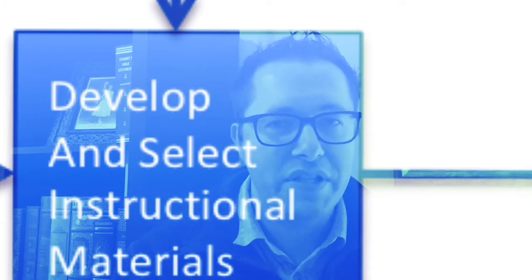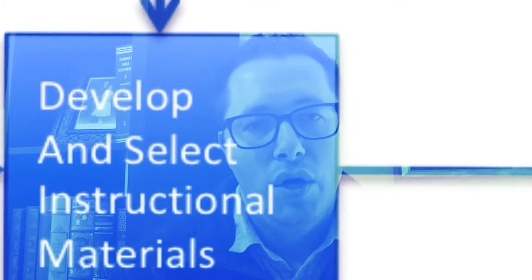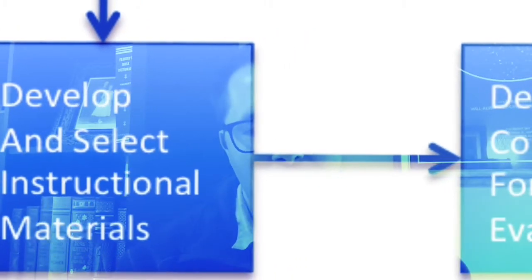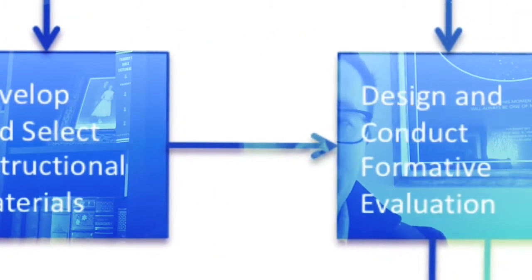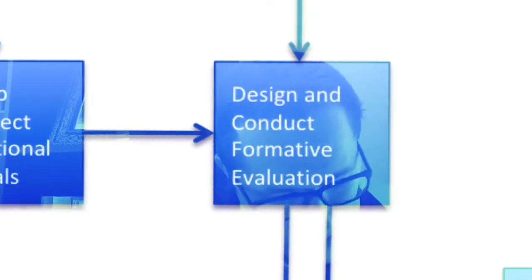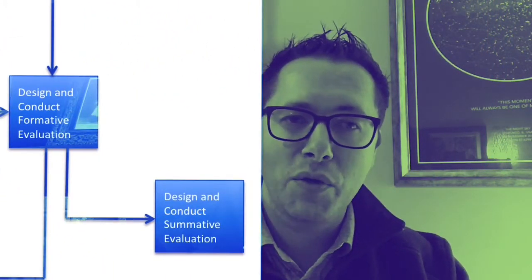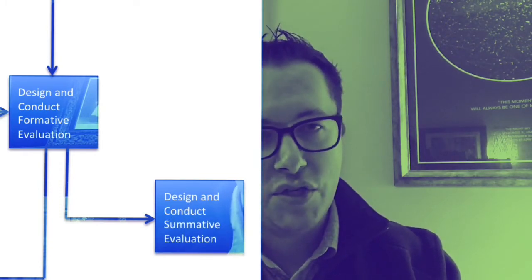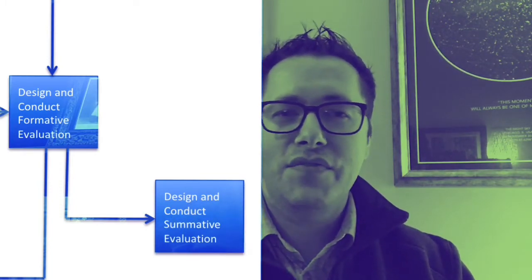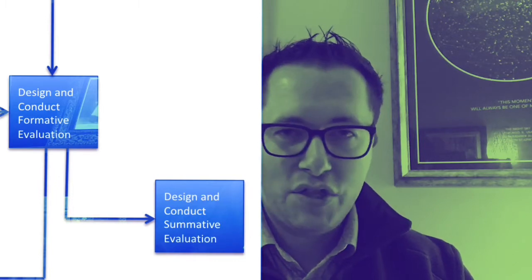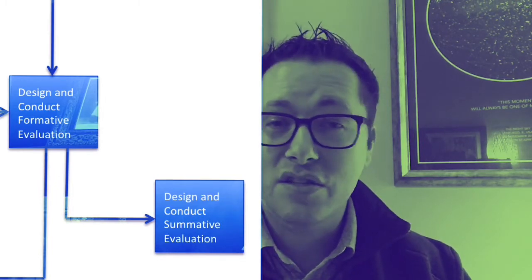Once we have all these pieces in place, we begin to do an evaluation process. And we have 2 evaluations that we look at. In step 8 and step 9, we have the formative evaluation and a summative evaluation. Now, this is very similar language that we have in education when we talk about assessing students.